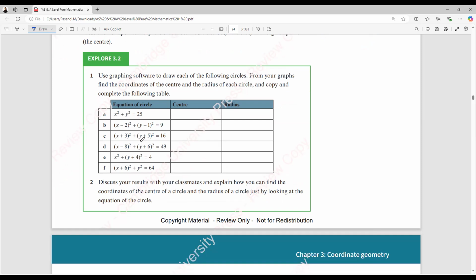The center is 0, 0, because x minus 0 squared plus y minus 0 squared equals 5 squared. Then the radius is 5 and the center is 0, 0.